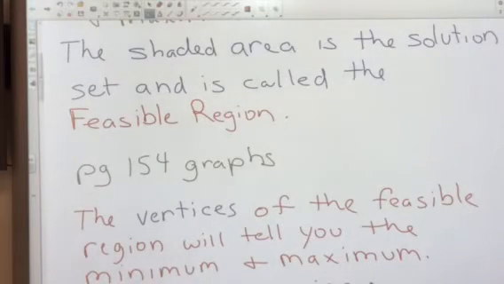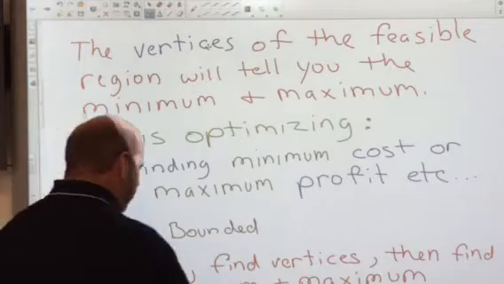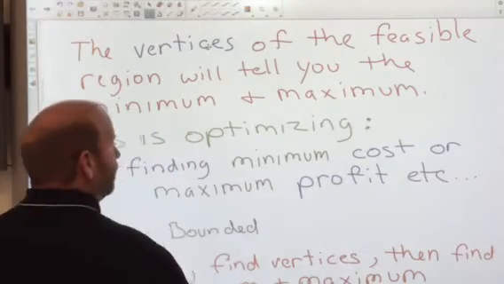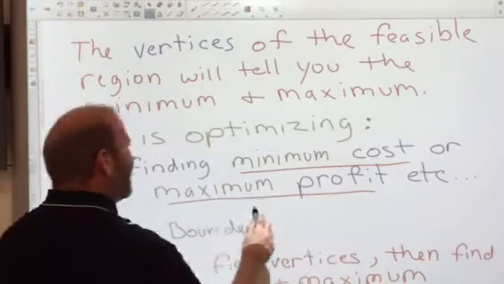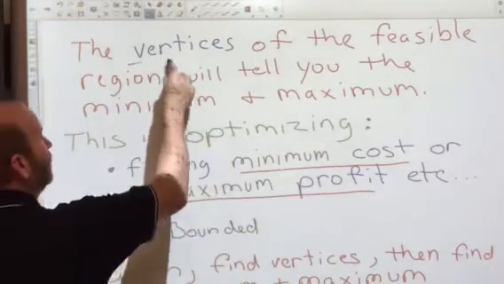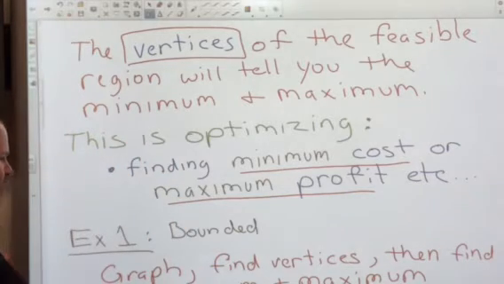The vertices of the feasible region will tell you the minimum and maximum, and this is optimizing: finding the minimum costs or maximum profits. The minimum and maximum values are going to be found at the vertices or in the unbounded region.